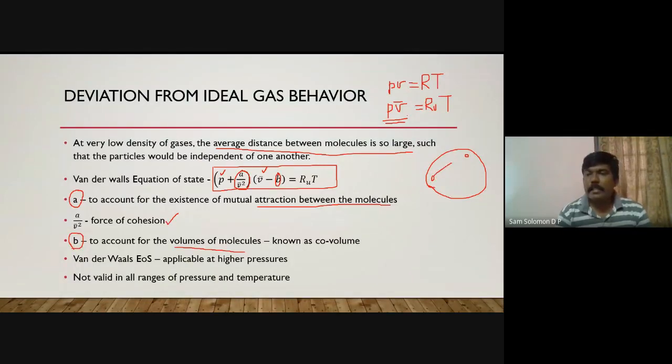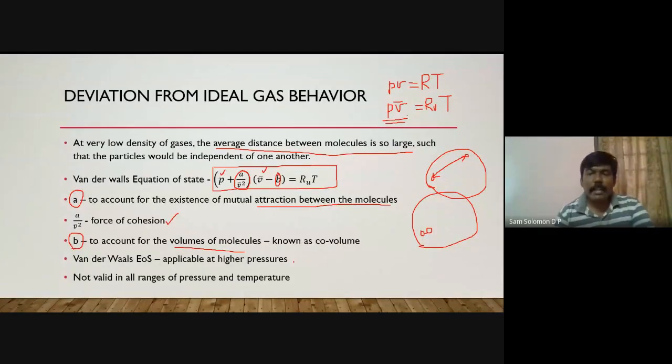And the distance between these two molecules is greater than the volume of the molecules themselves. But imagine another condition. I have one molecule here and another molecule here. Now the distance is smaller, but the volume itself is larger. So the volume of the molecule is larger than the distance between the molecules.